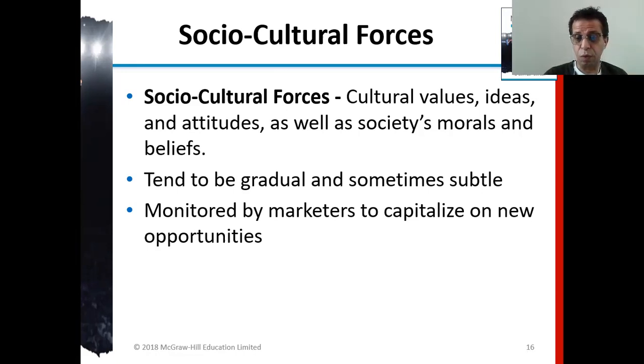For example, in Canada, or in any Western country, if you see somebody attacking a covered lady with a hijab or somebody wearing a turban, you see people defending them.